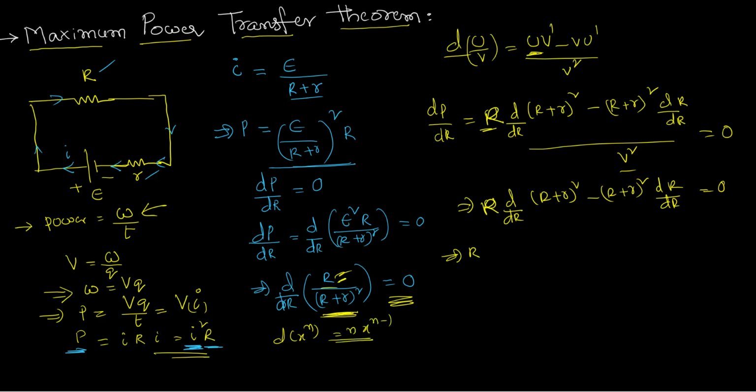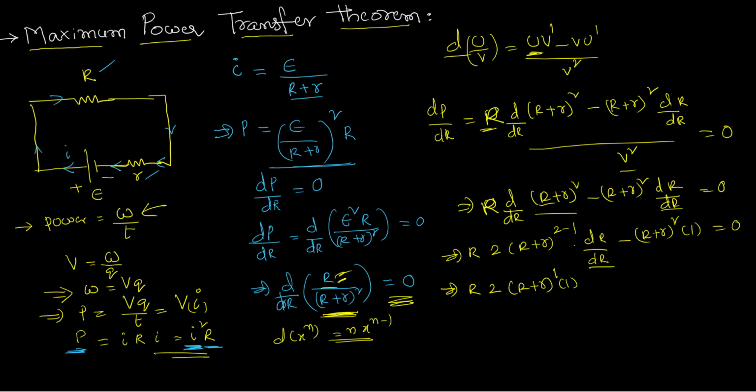Let me use that formula. Differentiation of R plus r whole square, that is whole power n is 2, is 2 into R plus r whole power n minus 1, that is 2 minus 1. Here R is the variable, partial kind of differentiation, minus R plus r whole square, dR by dR is equal to 1, equal to 0. Then what happens? R times 2 into R plus r whole power 2 minus 1 is 1, dR by dR is equal to 1.